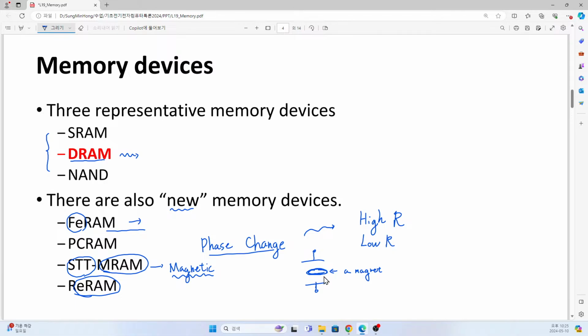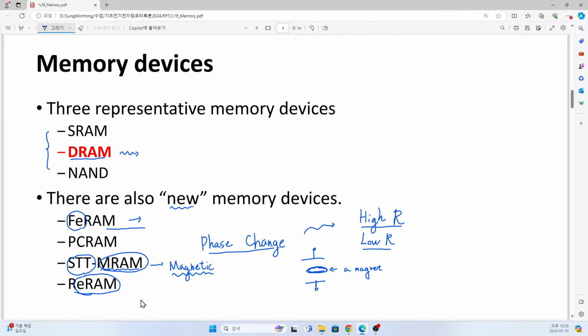Then depending on whether it is aligned or oppositely aligned, we can also achieve high resistance or low resistance. That is the way MRAM is operated.